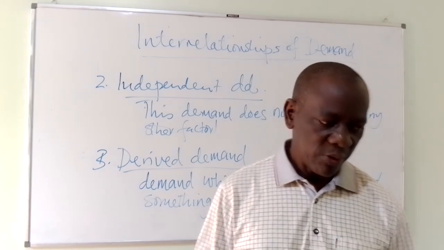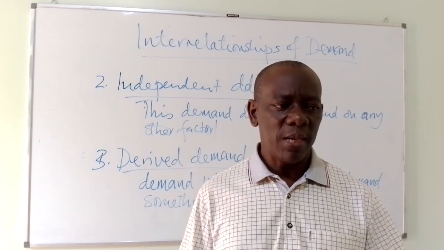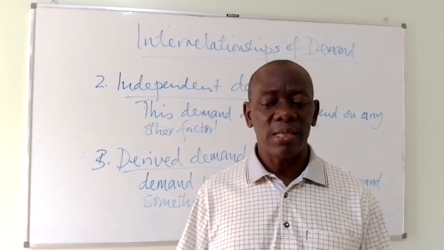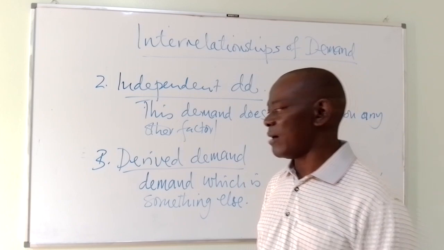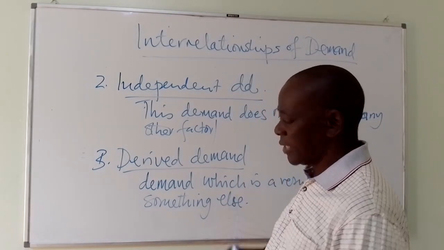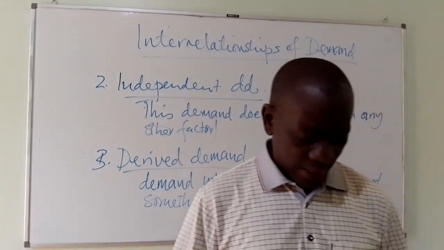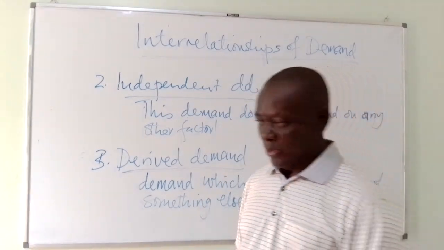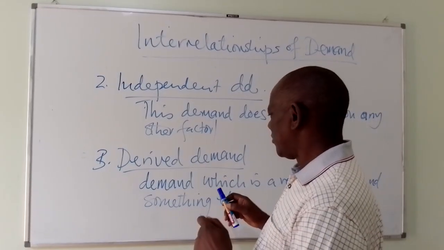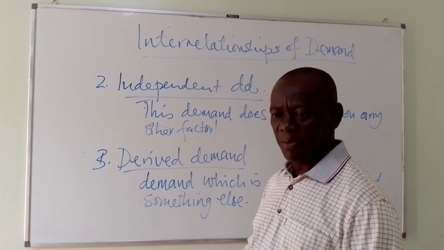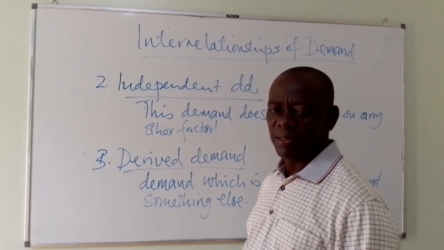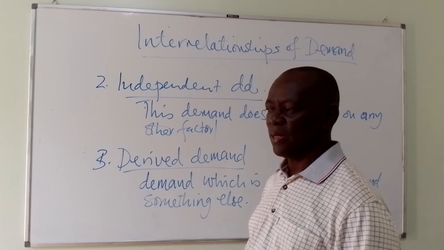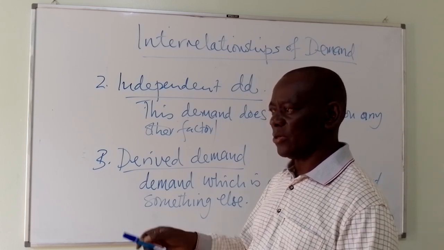So the moment you demand A, there was a demand for B that came first. If you demand bread, the first thing that you will demand before you get the bread is the wheat flour, the baking oil, and so on.